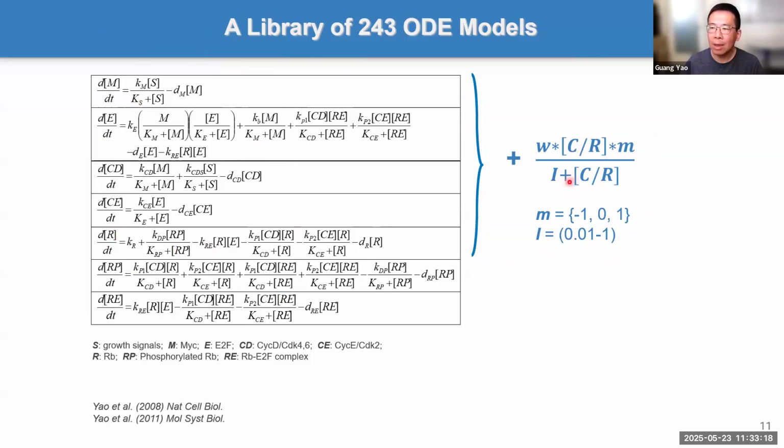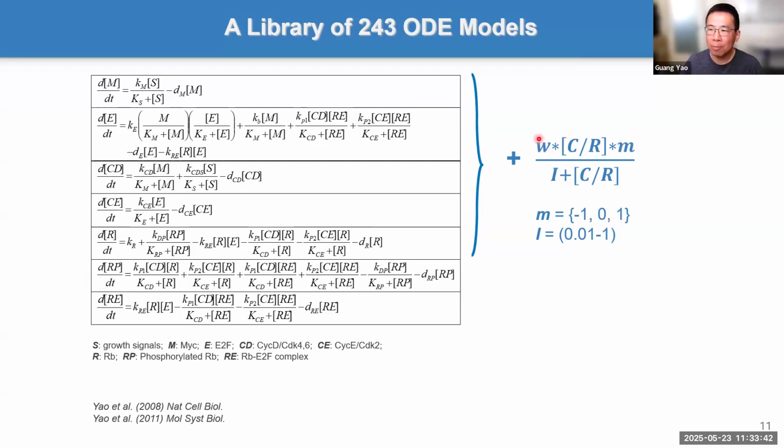Basically, this is a Hill function, or rather Michaelis-Menten, because the Hill coefficient is 1 here. M is the sign: -1 means inhibition, 0 means no regulation, and 1 means activation. So for each term I have three signs.